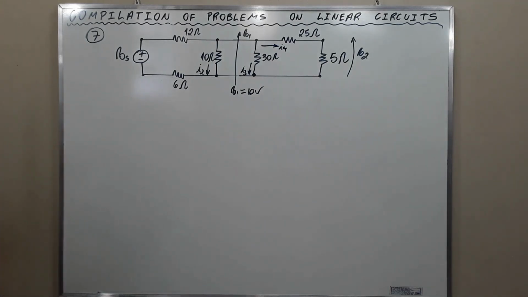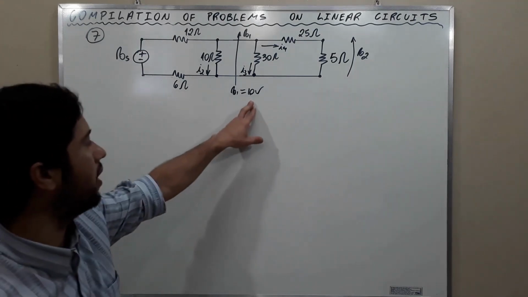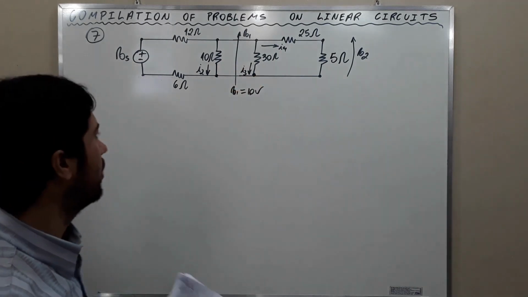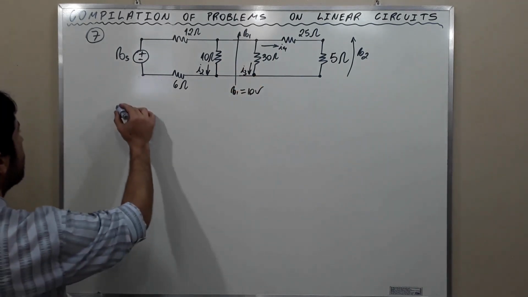We can immediately calculate I2 and I3 based on the value of V1 and the resistances.